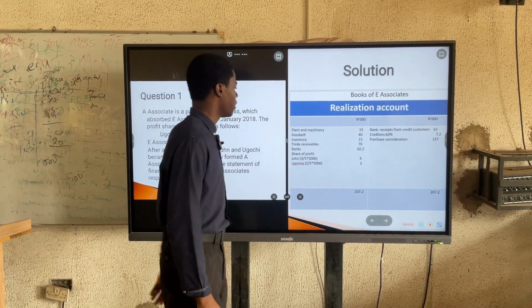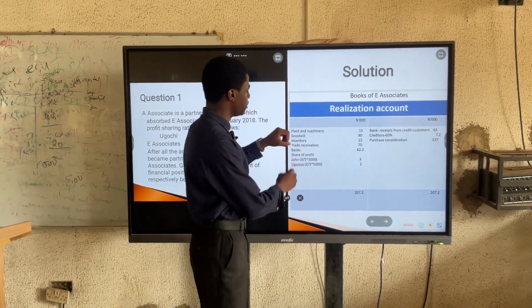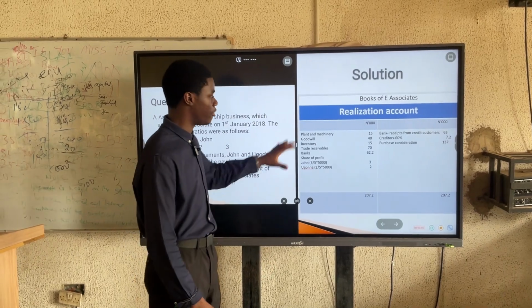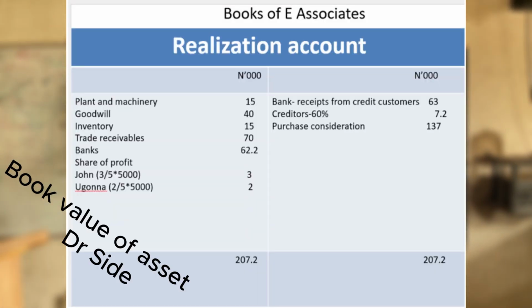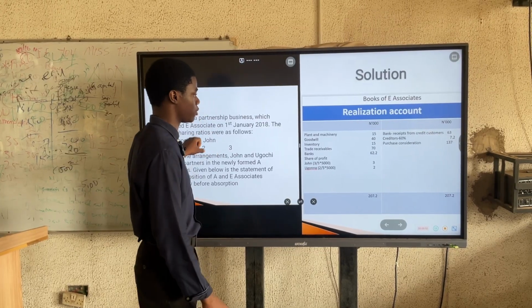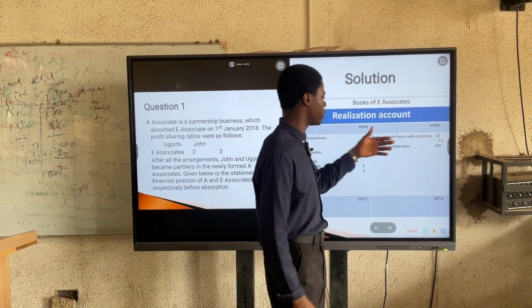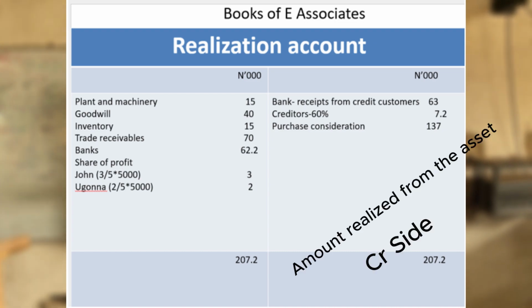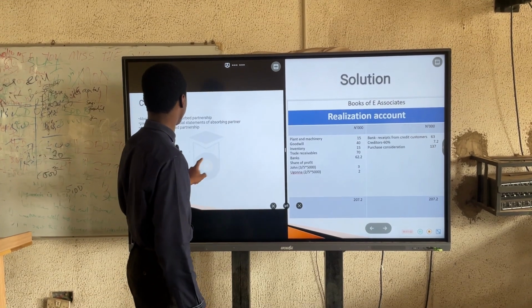Usually on the debit side of a realization account, we have the book values of the assets. We get our book values from the financial statements they give us in the question. And then on the credit side, you have the amount that you realized from the asset. So now let's go to the financial statement.